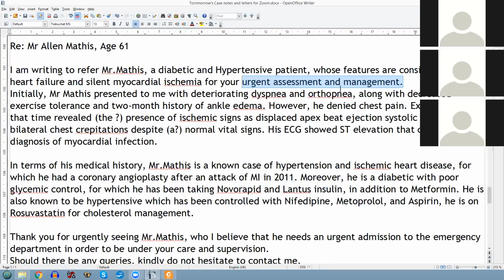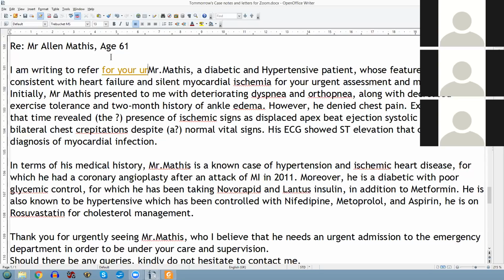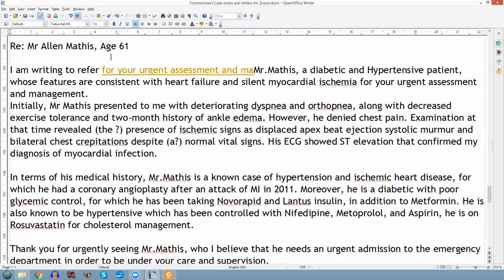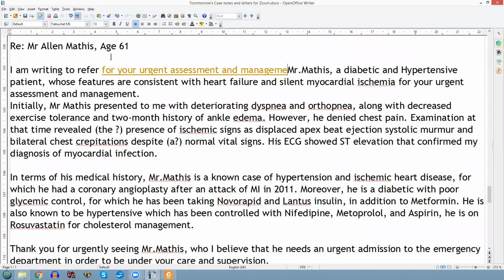So, "writing to..." I would be tempted, instead of breaking it up, to say "I'm writing to refer," and then say "whose features are blah, blah, blah for urgent..." I would be tempted to put this at the start. "I'm writing to refer for your urgent assessment and management."